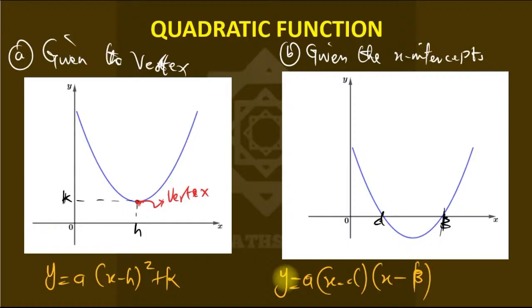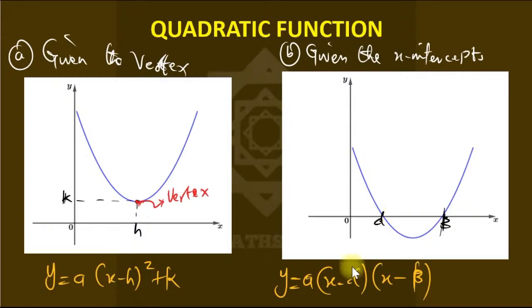Mind you, in some questions you'll be confused. If they didn't specify the vertex, you better use this one. Look at the intercepts. It depends on the question: you use either the first or the second, depending on the information given.